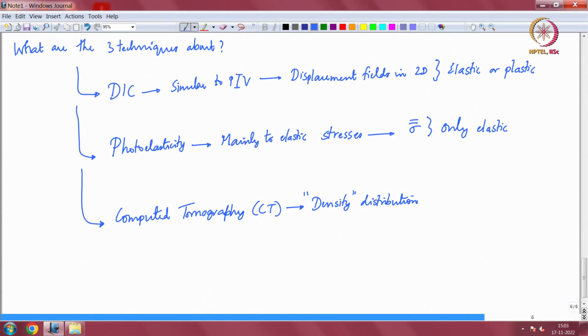I put density within quotes; as we go along, I will define this a little more rigorously, and then you will see what this means, and you can use this to evaluate deformation fields if needed. CT is much more than just deformation fields or stresses and strains, it gives you actual density information. If you have a pair of CT volume data sets, you can use that to evaluate deformation, something we will discuss. At the same time, you can also use it to evaluate internal structures.